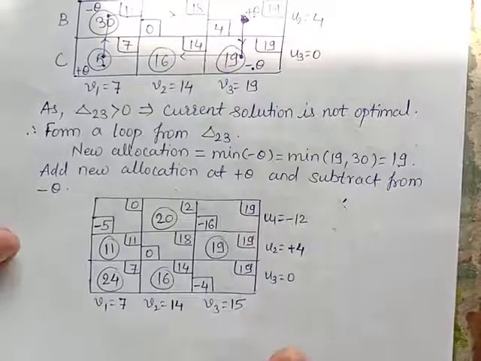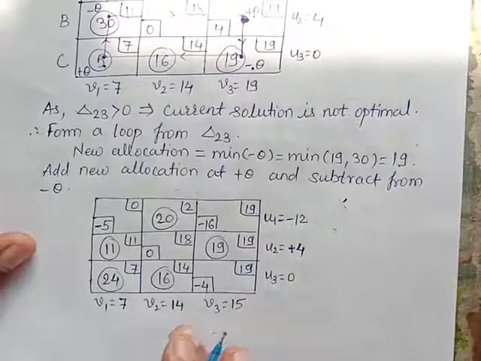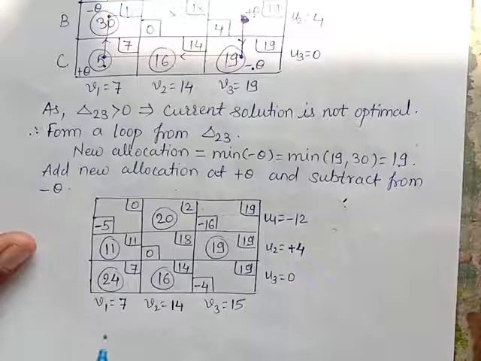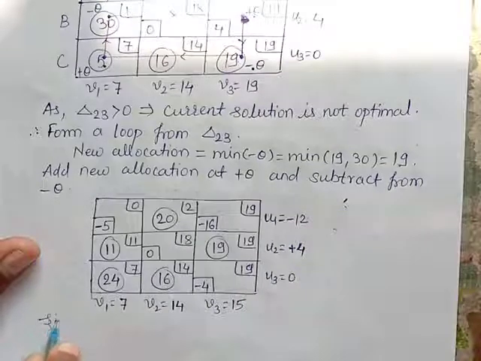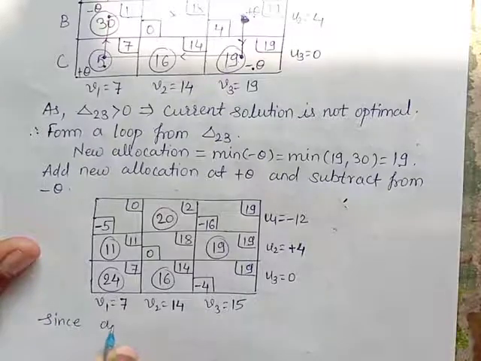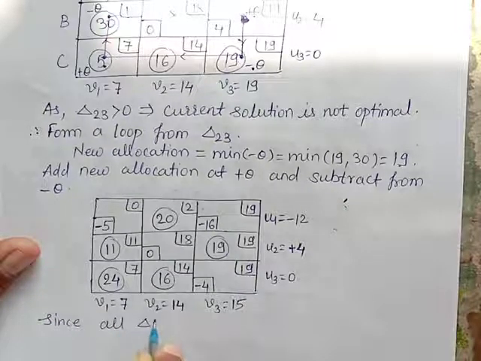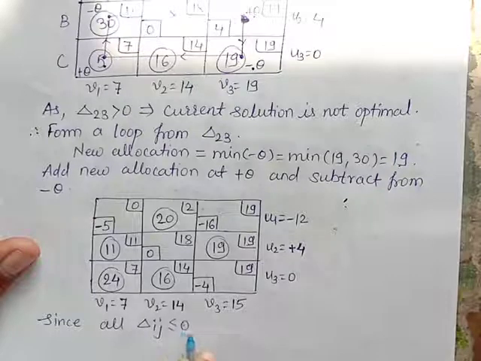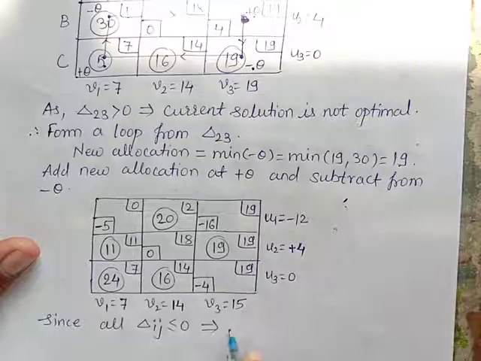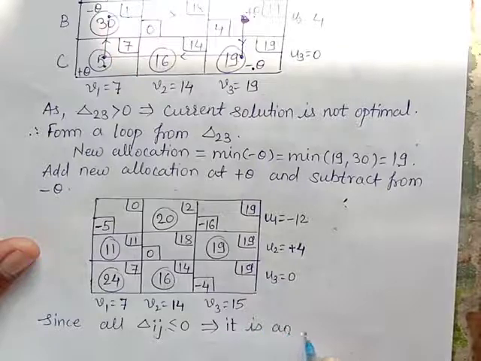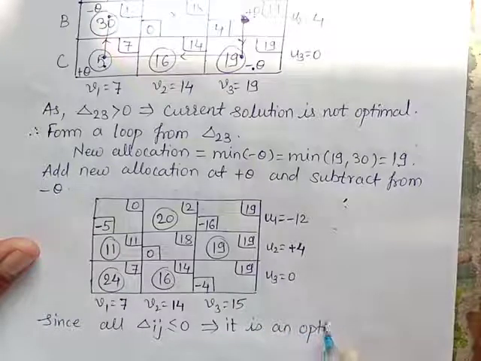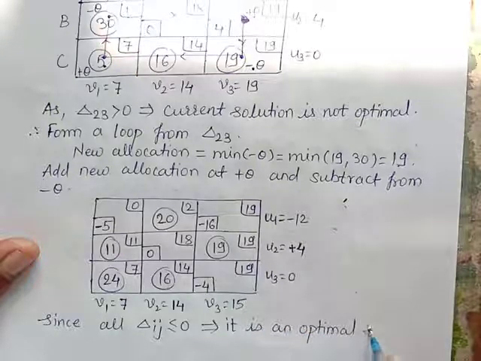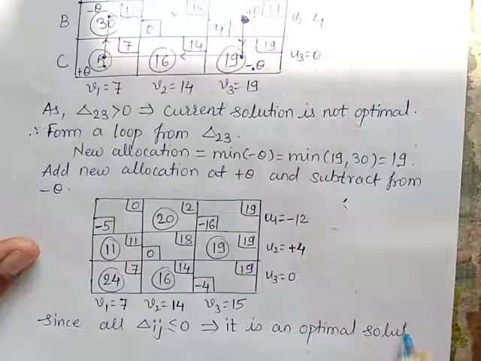Now all delta ij less than or equal to 0 indicates this is an optimal solution. Since all delta ij less than or equal to 0 implies it is an optimal solution. It is an optimal solution.